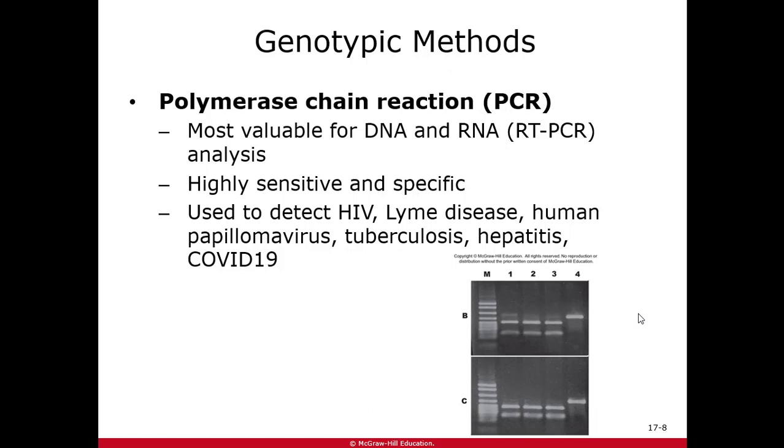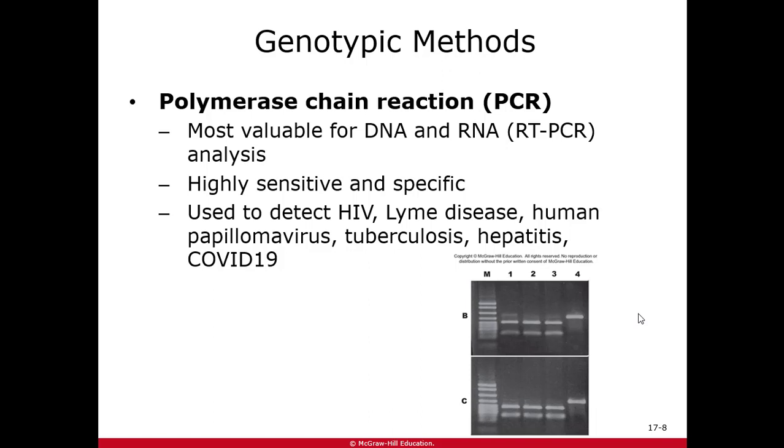Now, we do have what's called a real-time PCR that can do it very, very quickly. And depending on the organism, we can do a reverse transcription PCR, meaning there are some organisms that have RNA, and we can do reverse transcription to make DNA, and then we can detect the DNA. That's what we're doing with COVID right now: COVID has RNA, but we want to detect the DNA, so it does a reverse transcription.